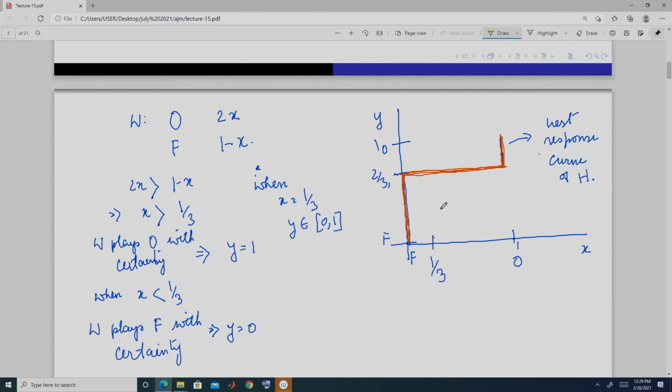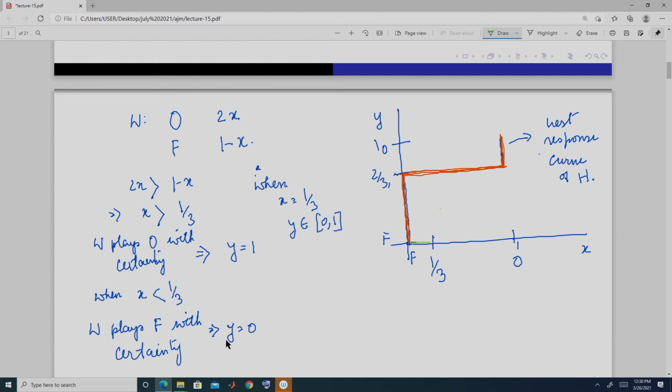Okay. So, when x is less than 1/3, so when x is here, then y plays F with certainty. So, that means y is equal to 0.